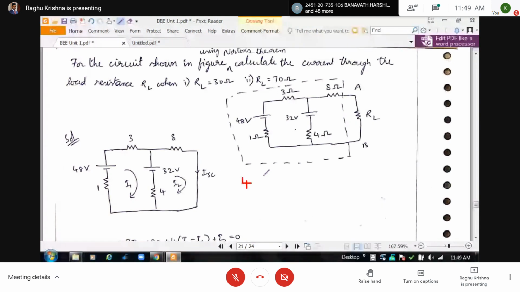Here, let me write the KVL equation for the first loop. So 48 voltage rise, 48 minus 3I1, minus 32, minus 4 into (I1 minus I2).